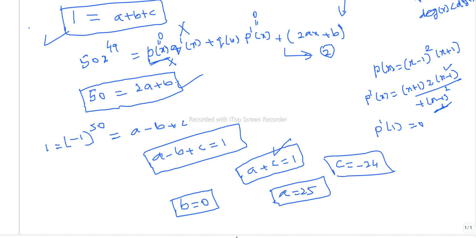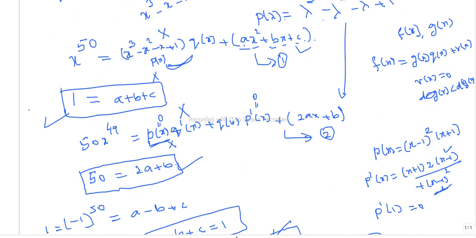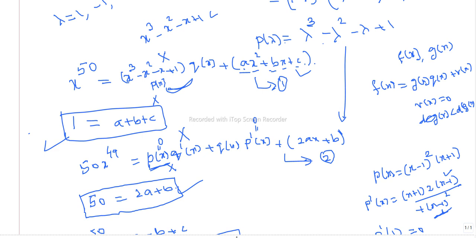Now if you find the a, b, c values, now we find the answer. So in the first equation, if we substitute x equal to A, on the left hand side we have A power 50, and this term is always 0 because A satisfies the characteristic polynomial. Don't bother about this term. Now we know small a, small b, small c values.